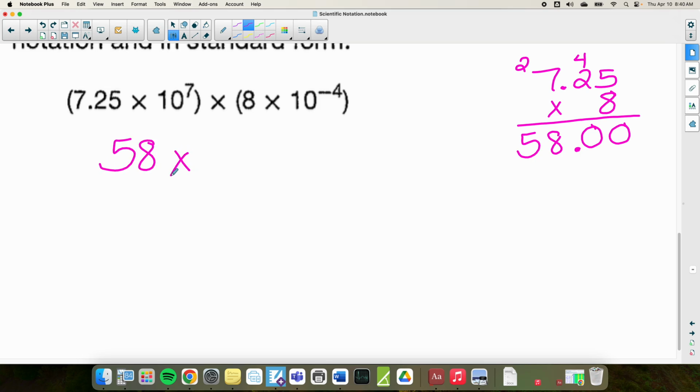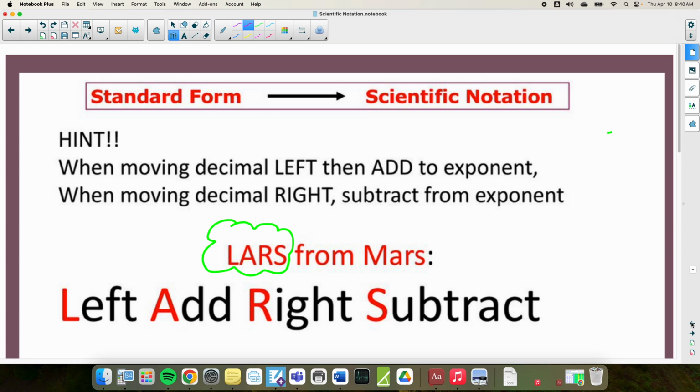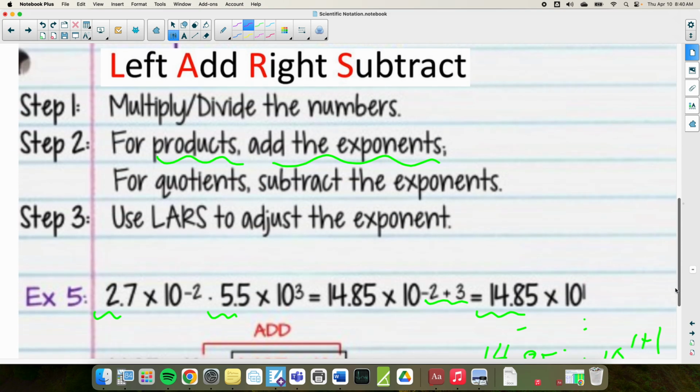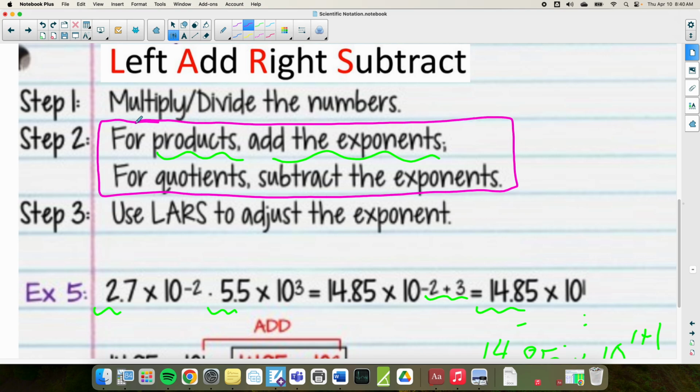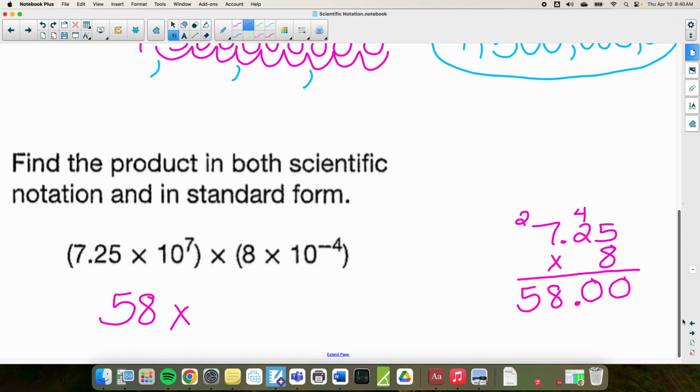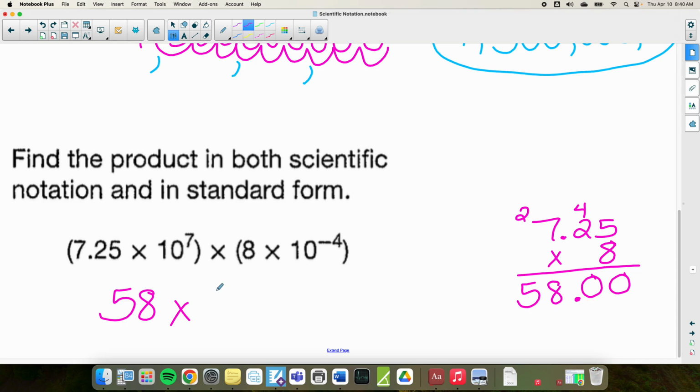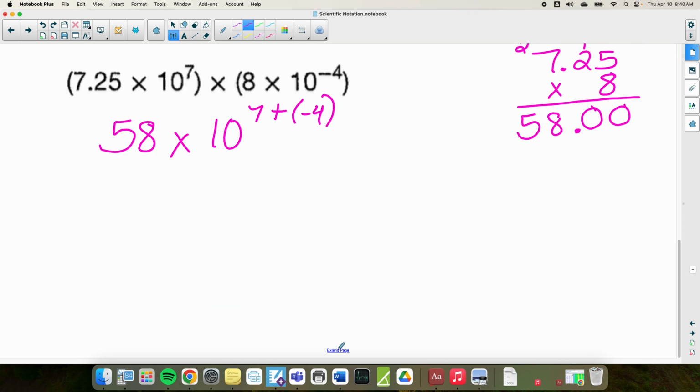Now the rule for this, in case you forget where to look, is right here where we want to be looking at these. If we're multiplying the two scientific notation numbers, we add the exponents. So if I look, okay, I'm gonna have 10 to the 7th plus a negative 4, which is 58 times 10 to the 3rd.